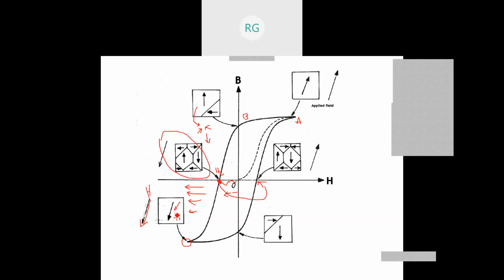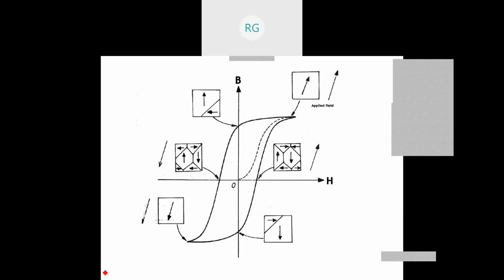This is the B, of course, they are in the same direction. And if I again change the direction of the magnetic field, they get demagnetized and reach the same point as this. And again, if I increase the field, they get demagnetized, they get randomized.